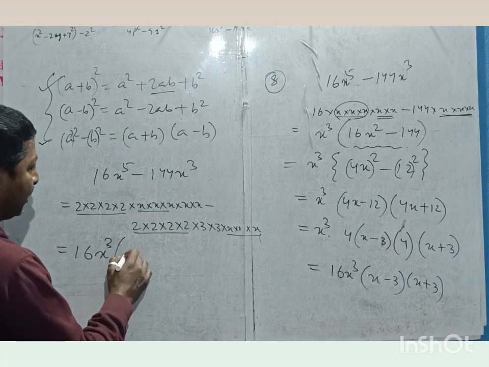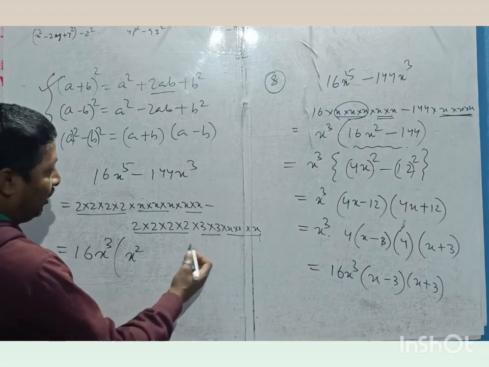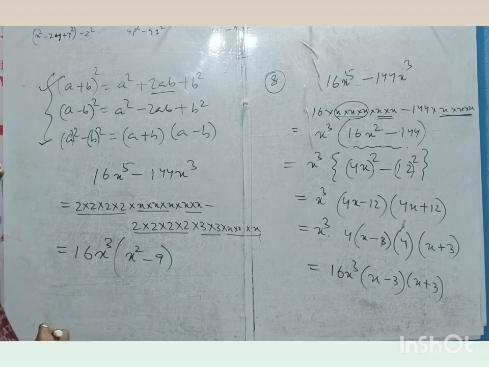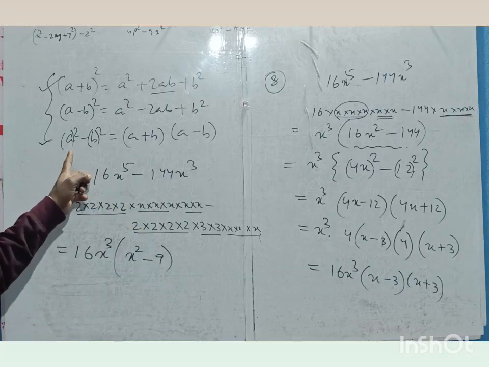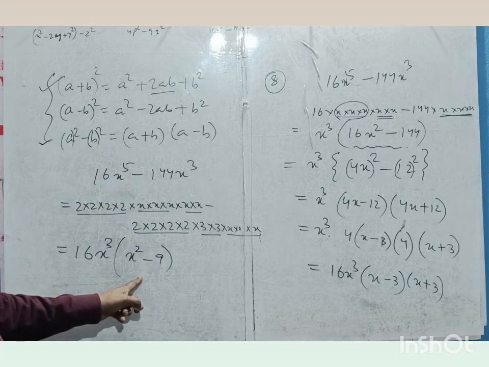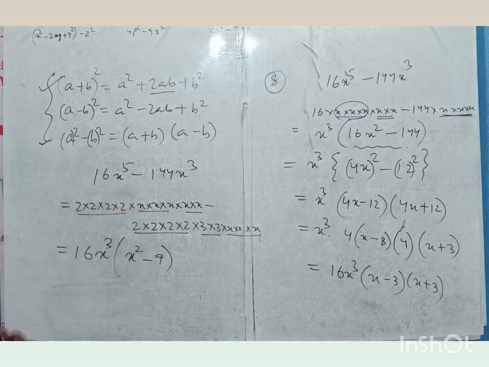Here x^2 is the remaining part, and here 9 is the remaining part. Okay. So this can be converted into a^2 minus b^2, because 9 is the square of 3, and we can put this identity here.